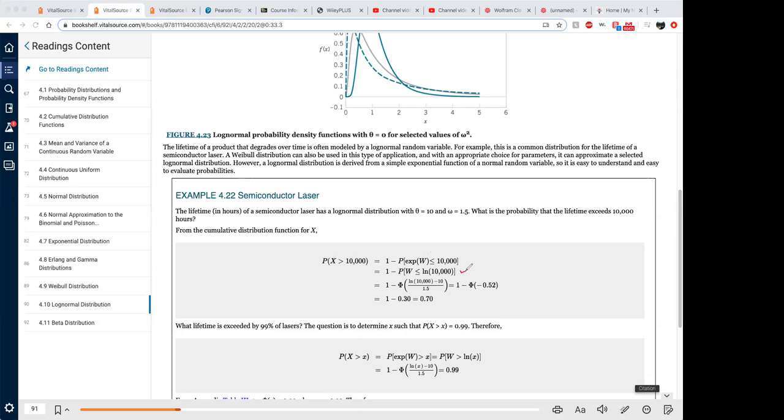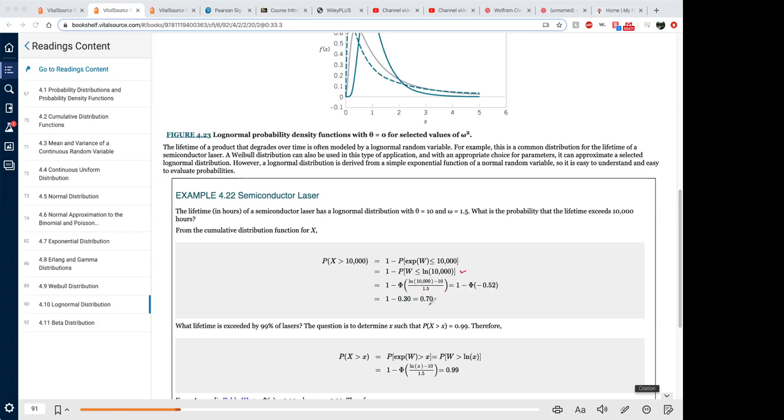Since the random variable w follows the normal distribution, we find the z-score: z is less than or equal to natural log of 10,000 minus 10 over 1.5. Using the normal CDF calculator, you can figure out that probability, which is 0.3, and subtracting 0.3 from 1 gives 0.7.